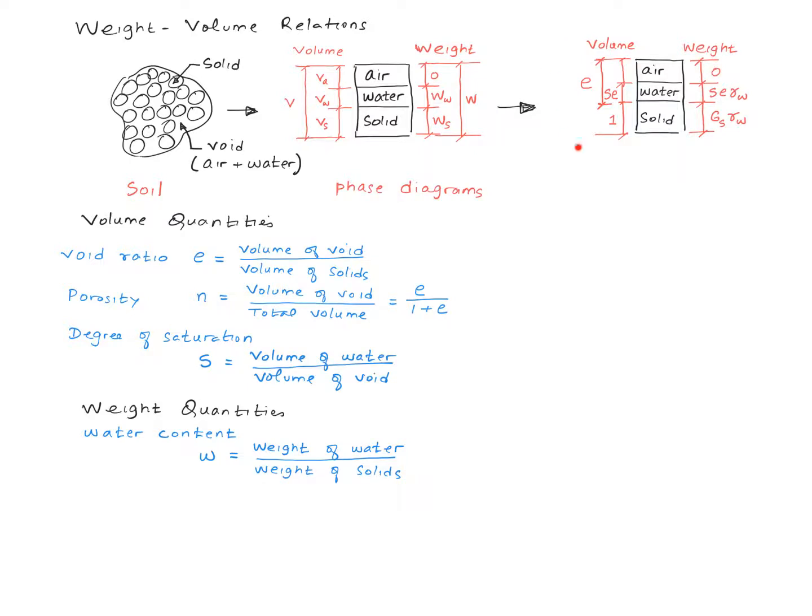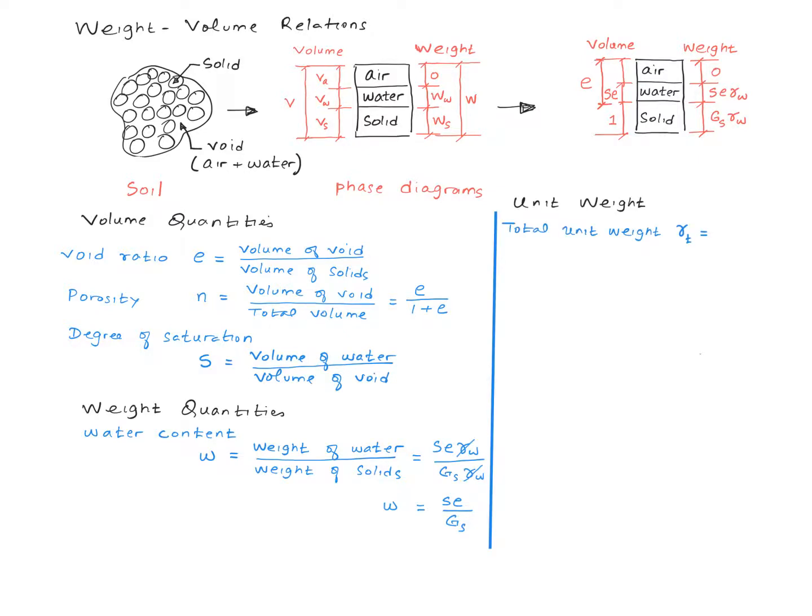Now going back to this diagram one more time, you can see that the water content can also be written as weight of water, which is S e times gamma W, divided by weight of solids, which is G S times gamma W. And the gamma W's cancel out, and we have a simple relationship for the water content, which is omega equals S e over G sub S.